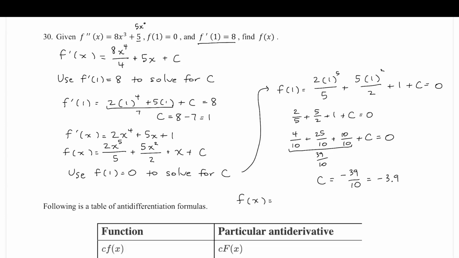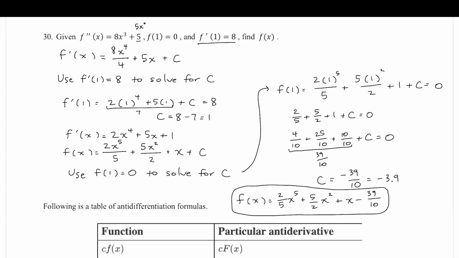So my function f of x, I can write either as 2/5 x to the 5th, or 2x to the 5th over 5, plus 5/2 x squared, or 5x squared over 2, plus x minus either 3.9, or I'm going to go ahead and use 39 over 10 because that fraction form matches my other coefficients.